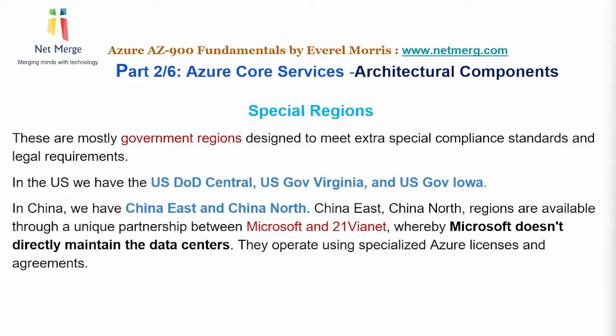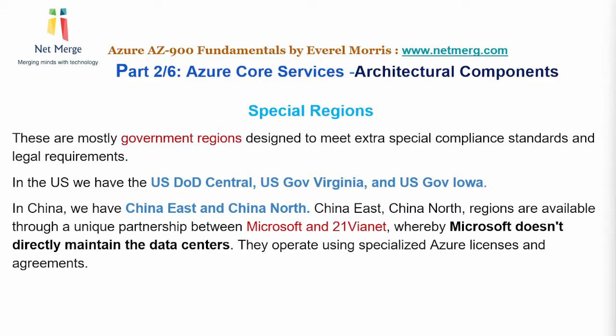Now in China, we have two regions, China East and China North. These are not part of the typical regions that we're going to have access to in Azure. I'll explain that some more. China East and China North are two regions that are available through a unique partnership between Microsoft and a company in China referred to as 21 ViaNet, whereby Microsoft doesn't directly maintain the data centers in China.